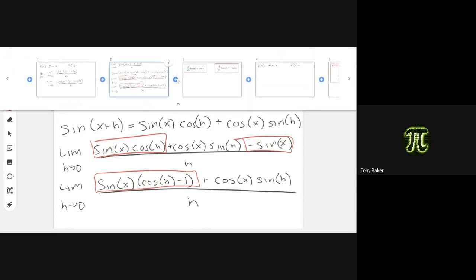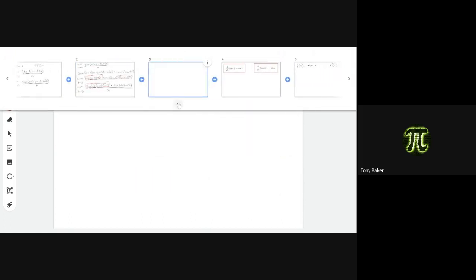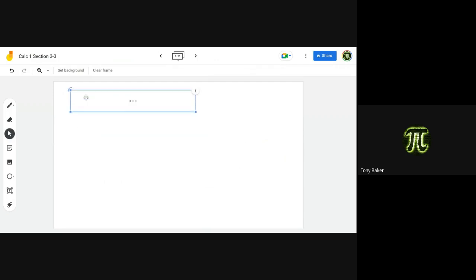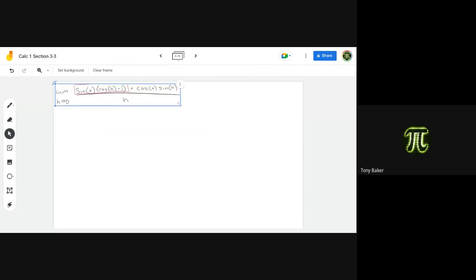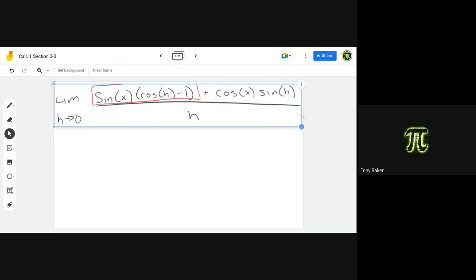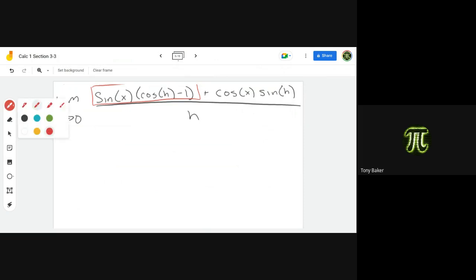Almost there. So we have this, which we're going to split a little bit, make my life a little easier. Does the limit have anything to do with sine of x? No, there's no more h, right?